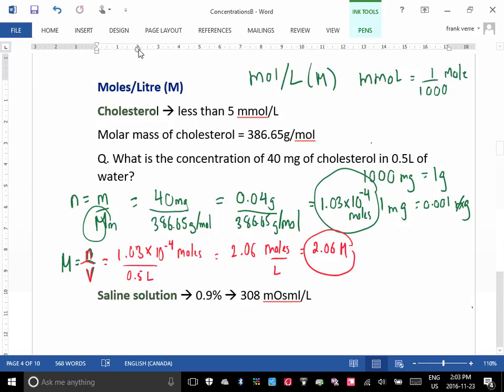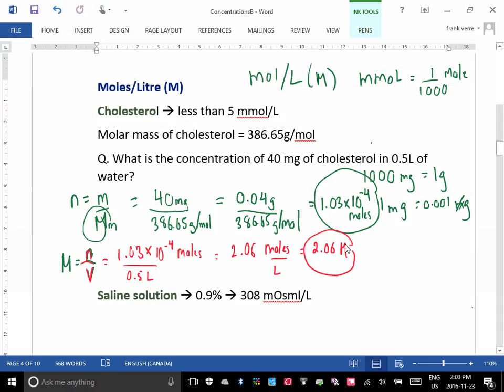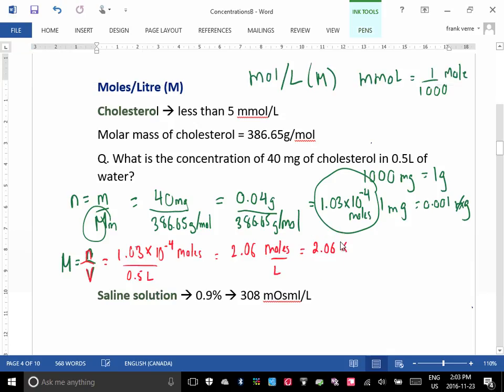We got the negative 4 there. Times 10 to the negative 4, big M.